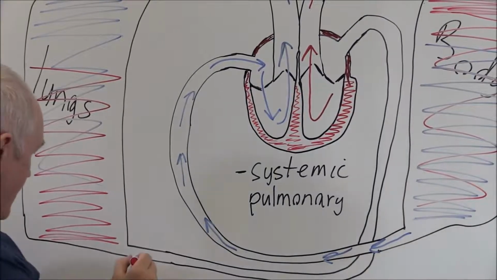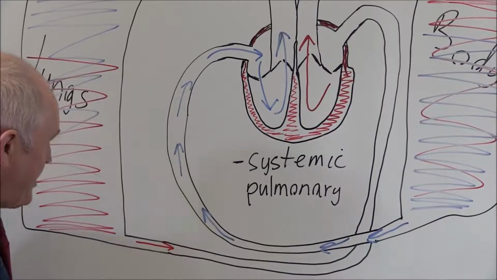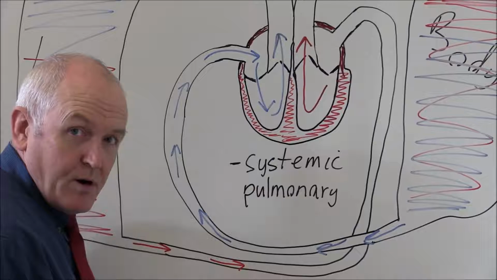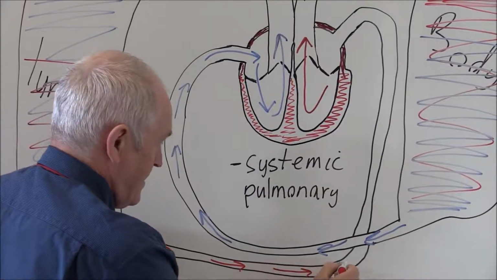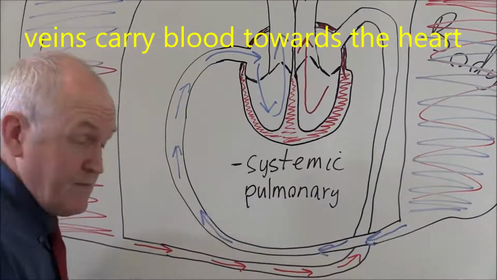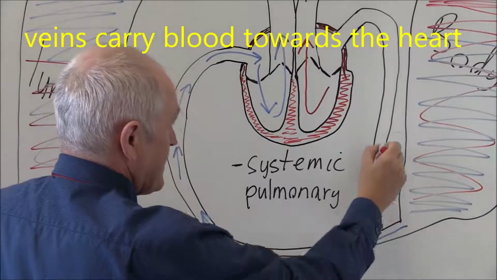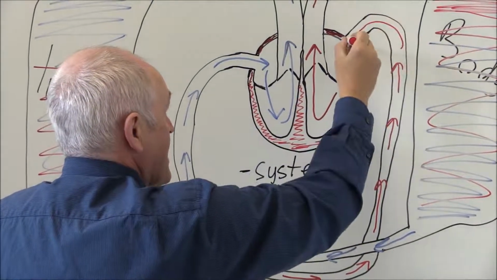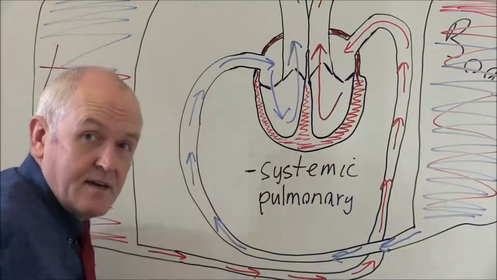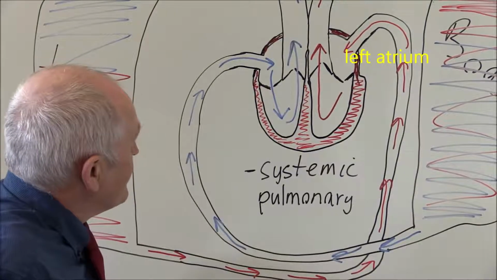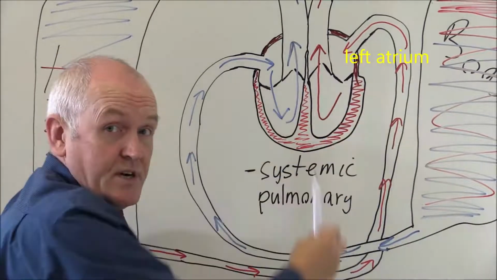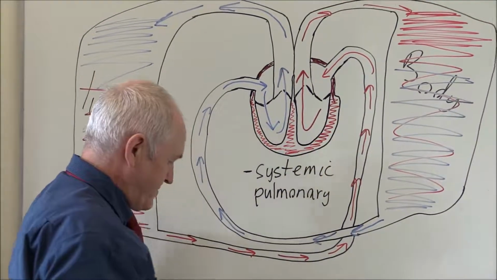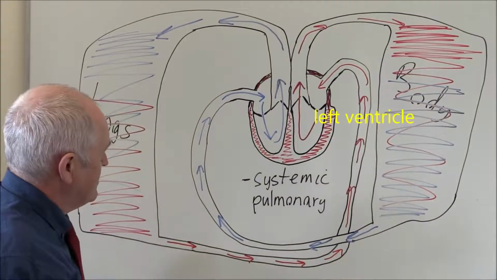And then this bright red blood, rich in oxyhemoglobin, will go back in the pulmonary veins, a vein being any vessel which carries blood back towards the heart. There's actually 4 main pulmonary veins in humans, carrying the blood back into the left atrium. The blood will go from the left atrium through the mitral or the bicuspid valve back to the ventricle, which is where we started this account.